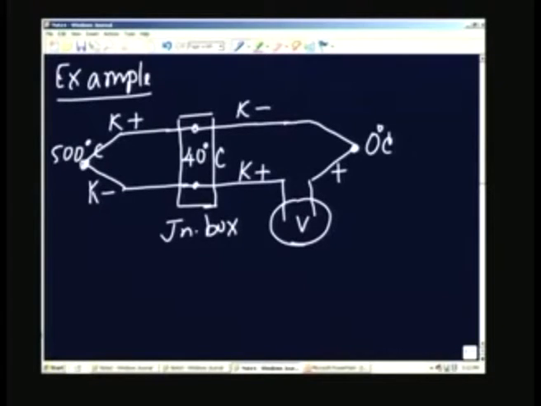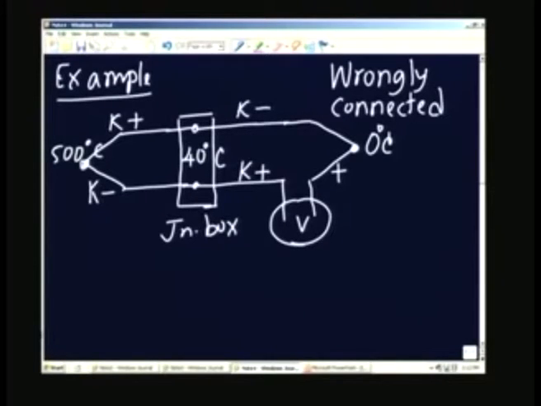So, the mistake is that the positive and the negative elements have been switched at the junction box. So, this is the wrong connection, and we would like to find out what is the consequence of such a mistake.